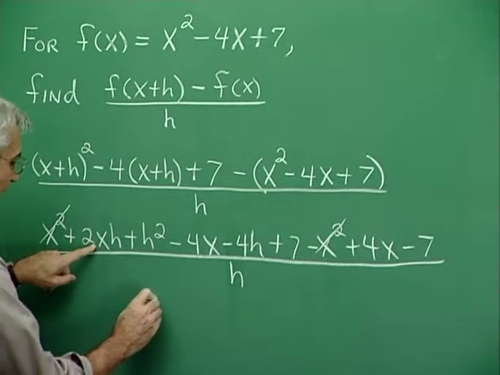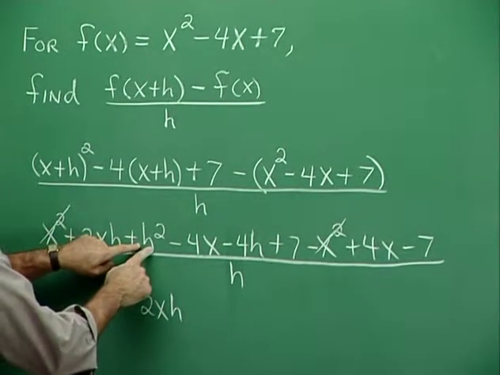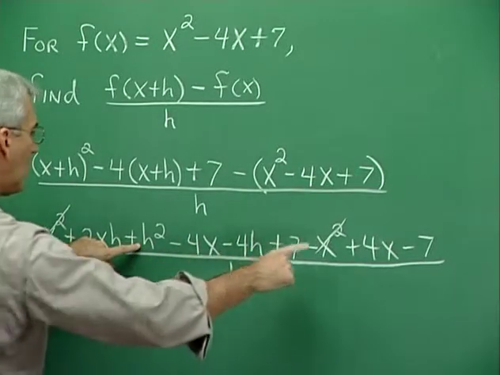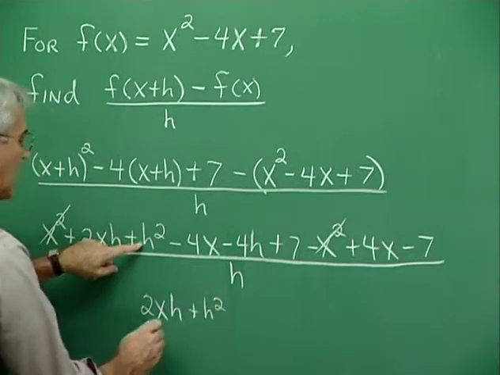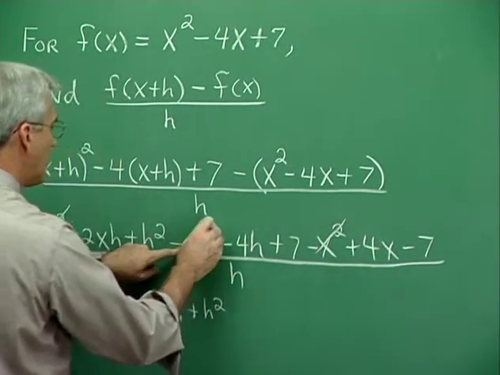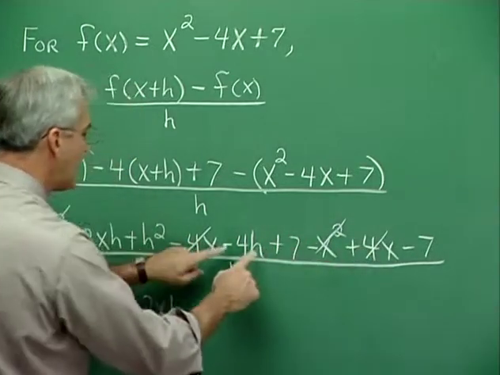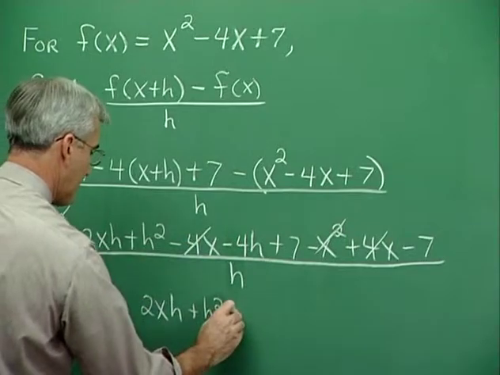So I have 2xh left in the numerator. I have h squared here and no other h's. So I have plus h squared. I have minus 4x plus 4x. Those go out. I have minus 4h and no other h's.